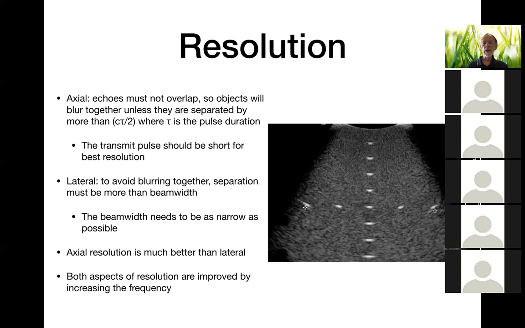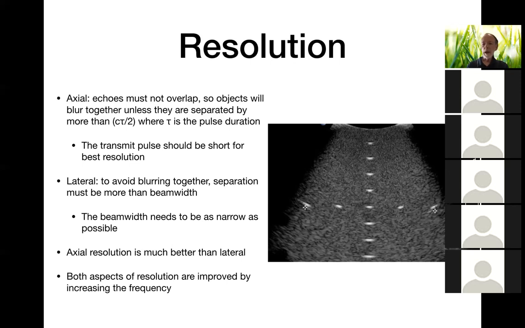Instead, you can see that each of those point targets is shown as a line in the image. The lines have a little bit of thickness to them, and that's the effect of the transmit pulse duration. You'll notice that that thickening in depth is uniform. It's the same everywhere in the image because the length of the transmit pulse doesn't change with depth. So the thickening in depth relates to the axial resolution and the transmit pulse duration.